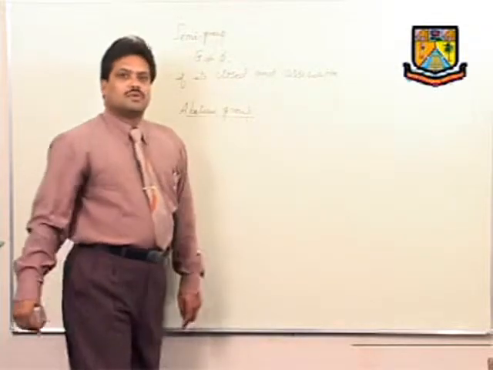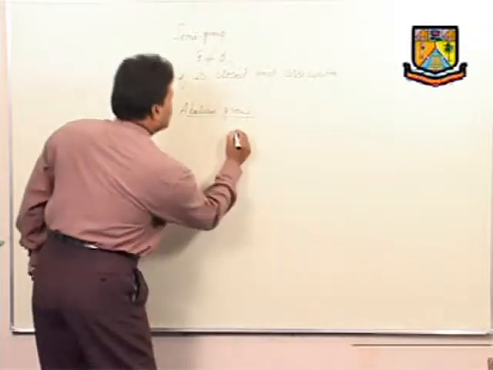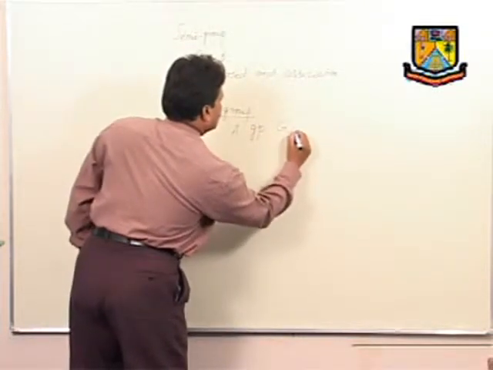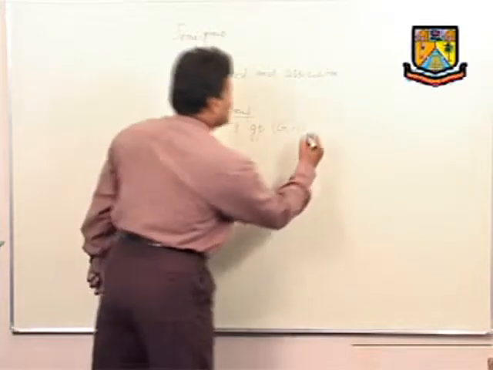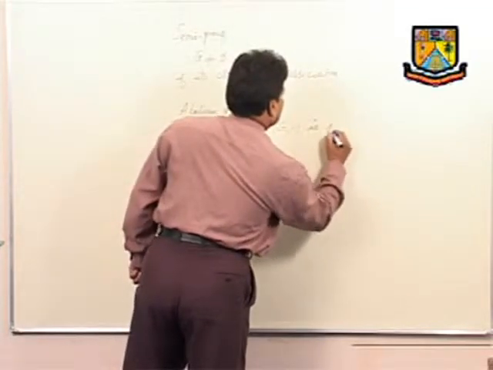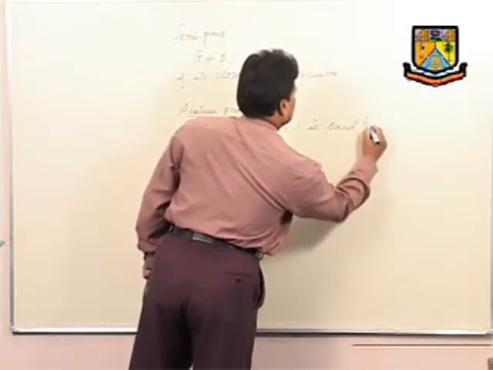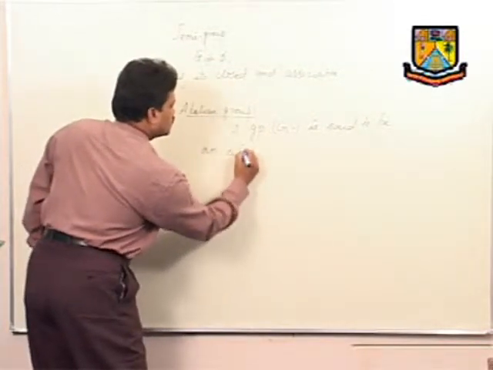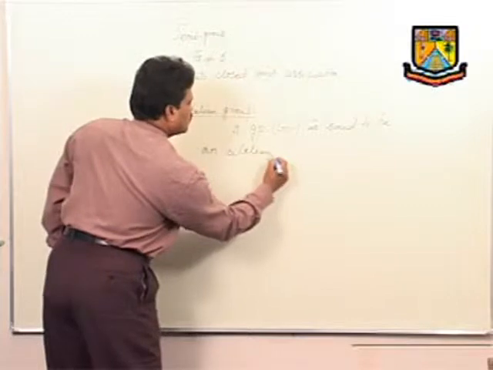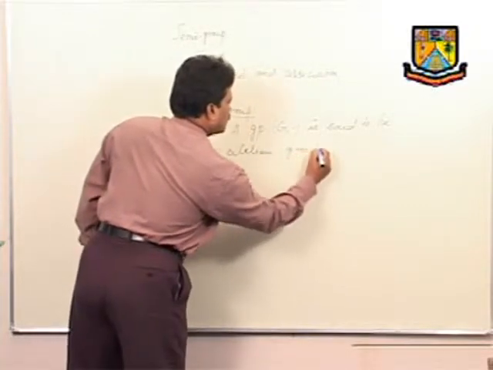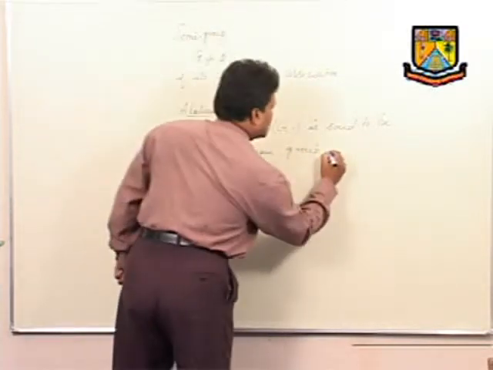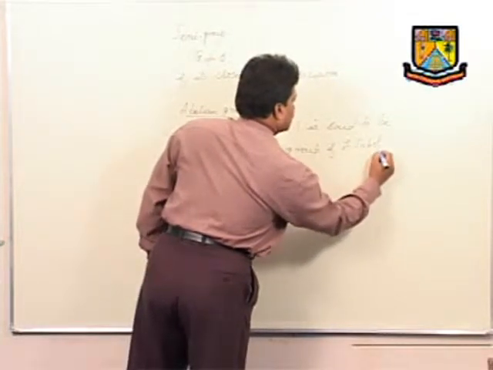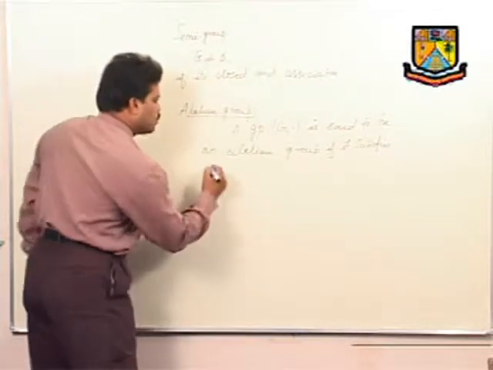A group G comma dot is said to be an abelian group if it satisfies the commutative property.